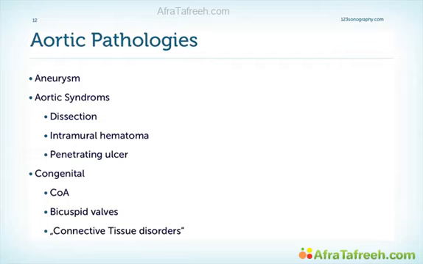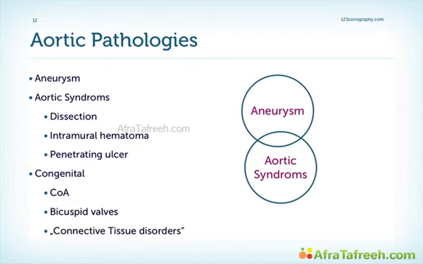Now let me turn to aortic pathologies. It's very important to understand that there's a very close relationship between the different forms of aortic pathologies, such as aneurysms, aortic syndromes, which are composed of dissection, intramural hematoma, and penetrating ulcer. We'll talk about all these later. Congenital defects, or connective tissue defects.